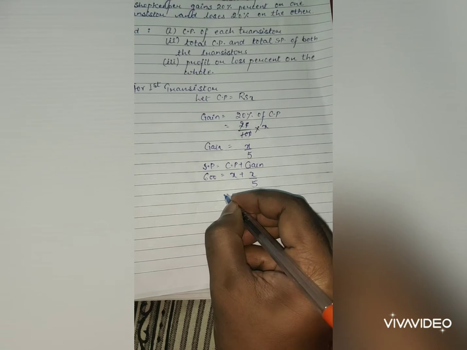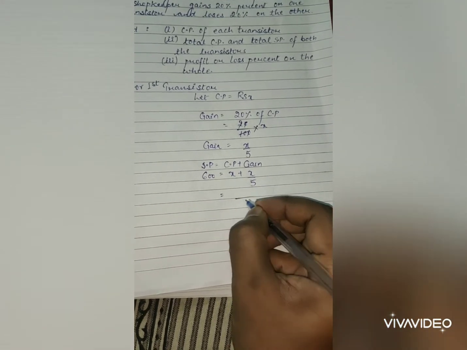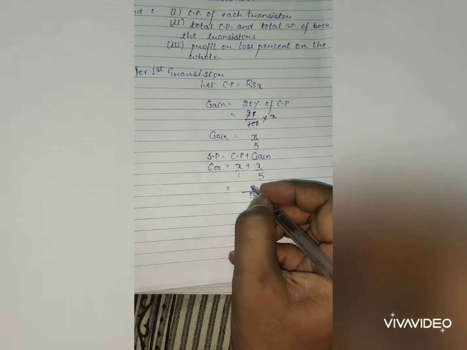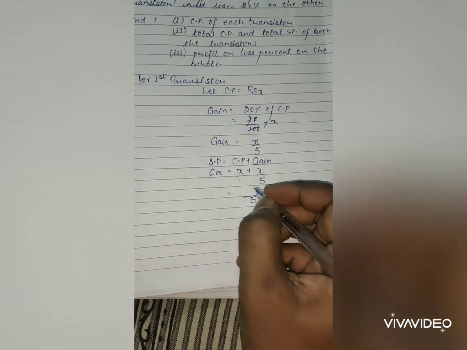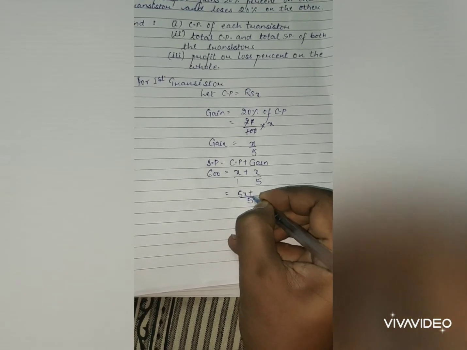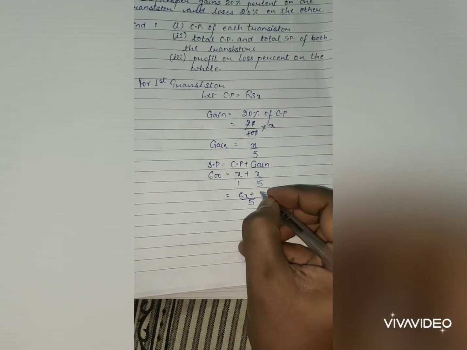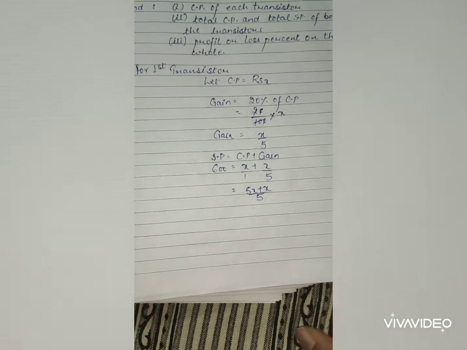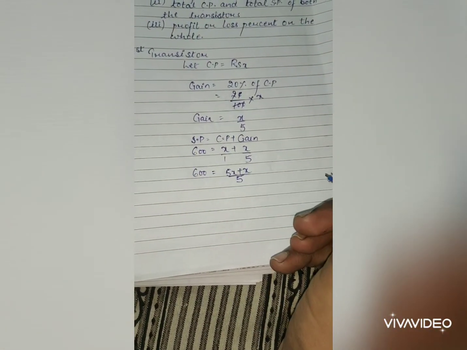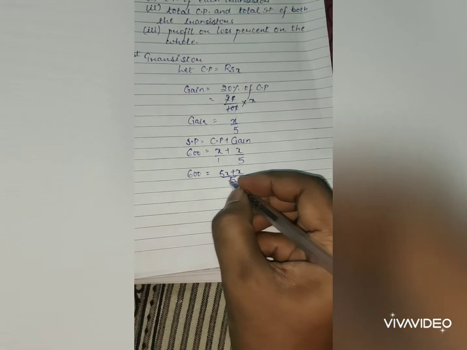You will take the LCM. 5 has nothing, so suppose it as 1. Now 1 5s are 5, 5x plus 5 1s are x, and 600 will be written. Clear? Now this 5 will be cross multiplied.